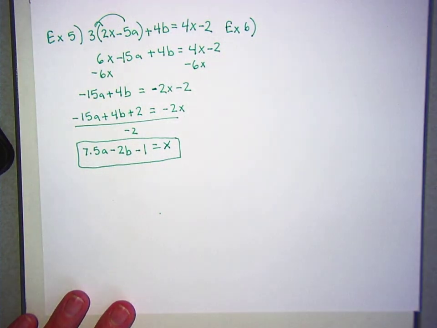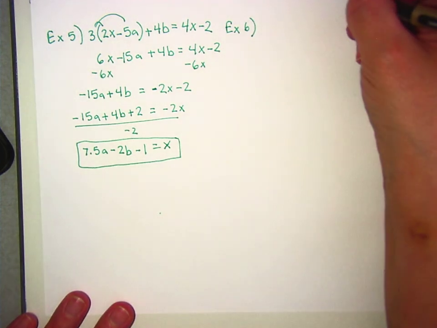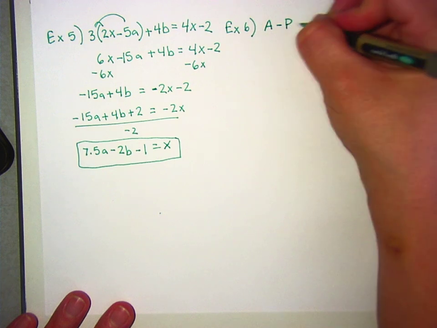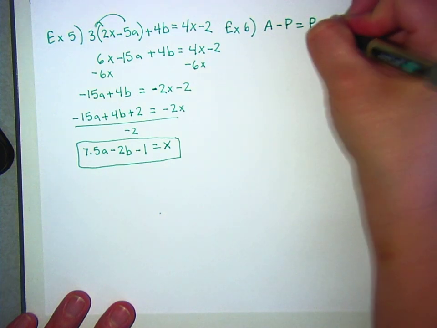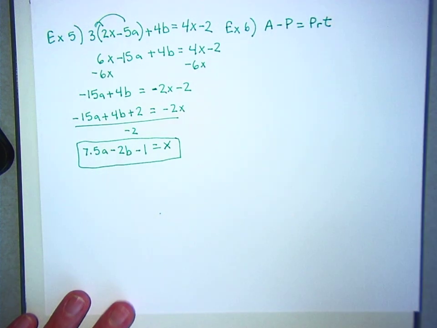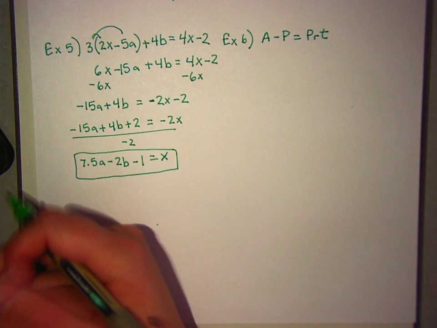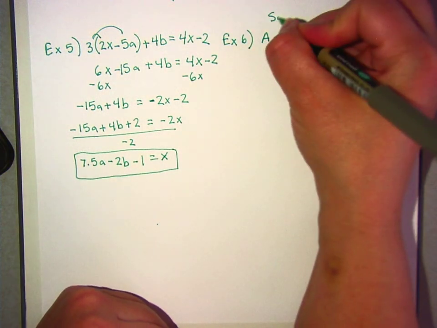Nope. Last one. A minus P equals PRT. This time we're going to solve for P, and I'm going to show you a cool trick.